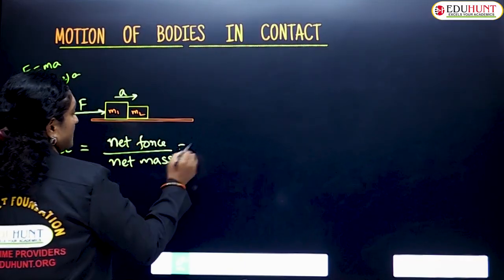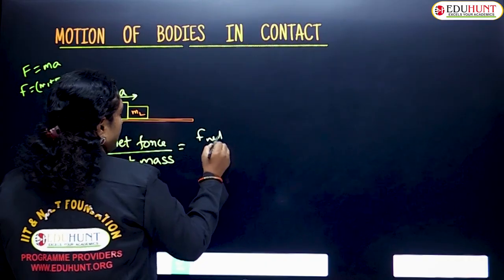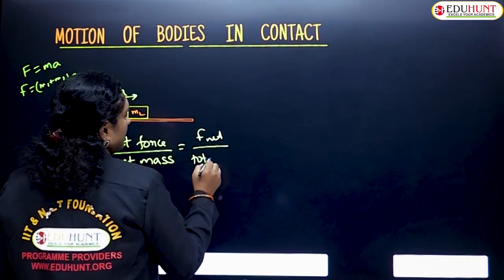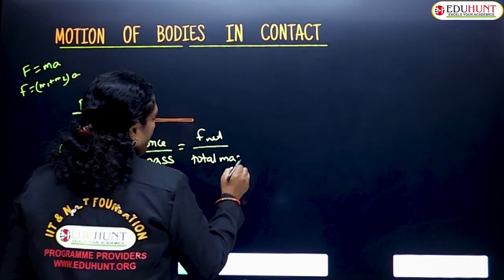That means the total force F net by the total mass of the two bodies.